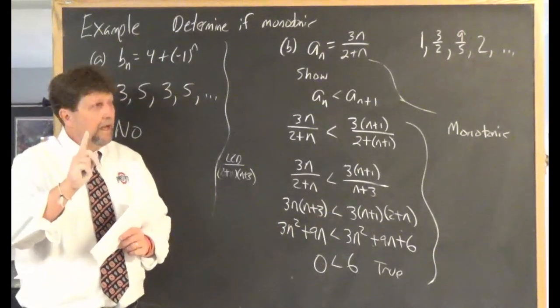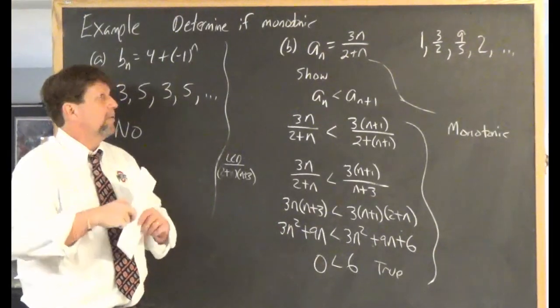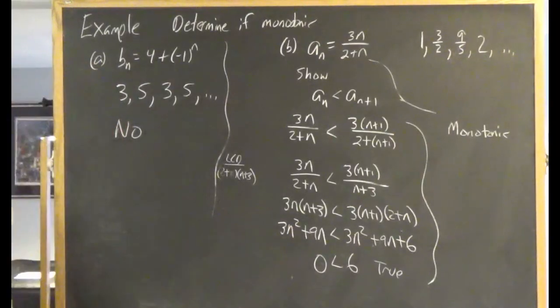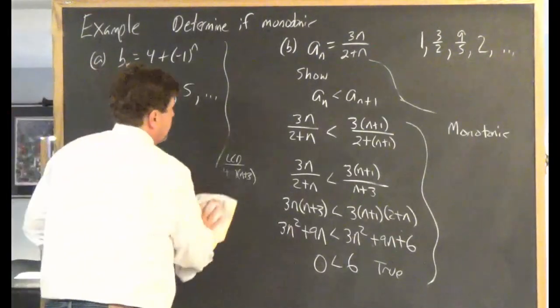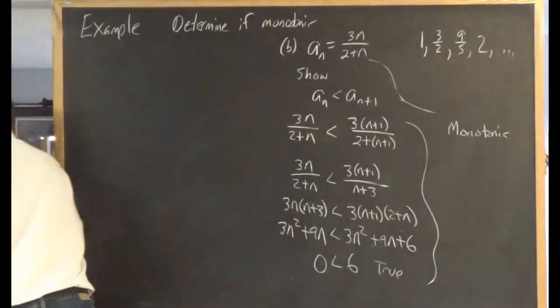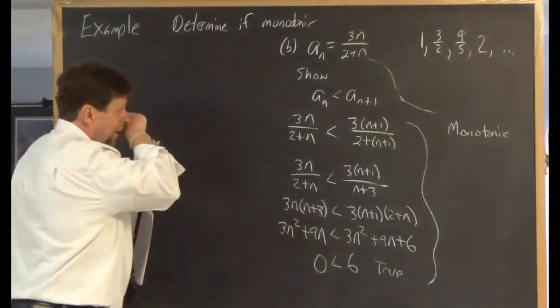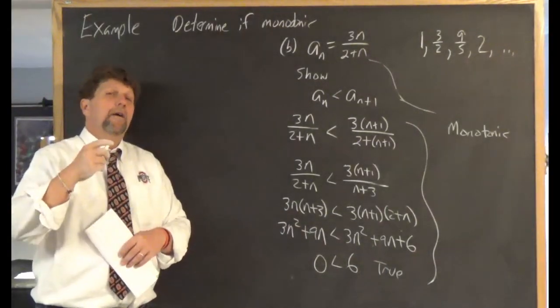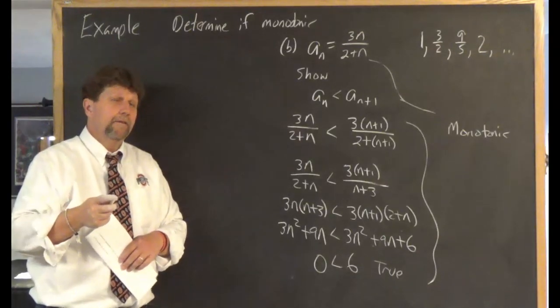But I do want to point out one more thing about part B. So let me erase this. I just want to keep part B up here. We know the answer. We know it's monotonic. We could have done the following.